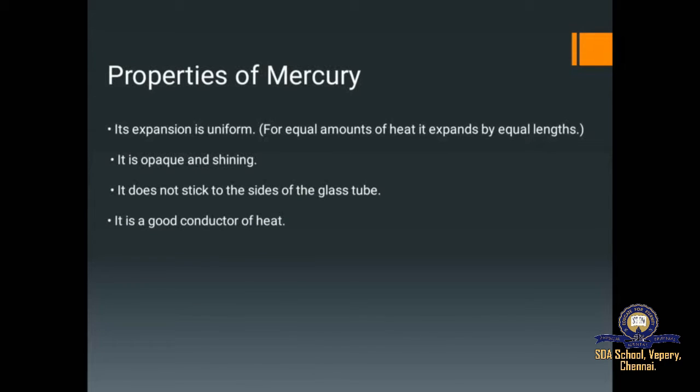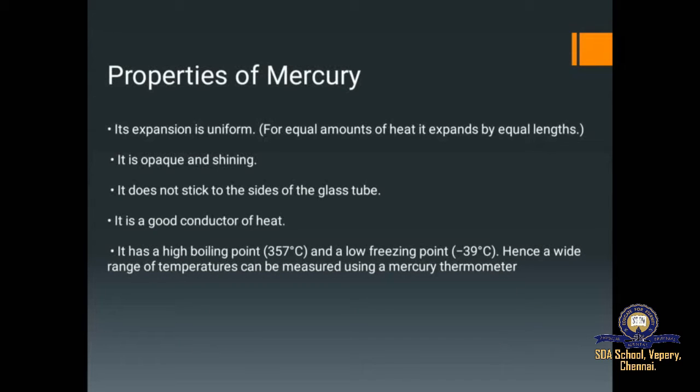It is a good conductor of heat. It has a high boiling point, 357 degrees Celsius, and a low freezing point, minus 39 degrees Celsius. Hence, a wide range of temperatures can be measured using a mercury thermometer.